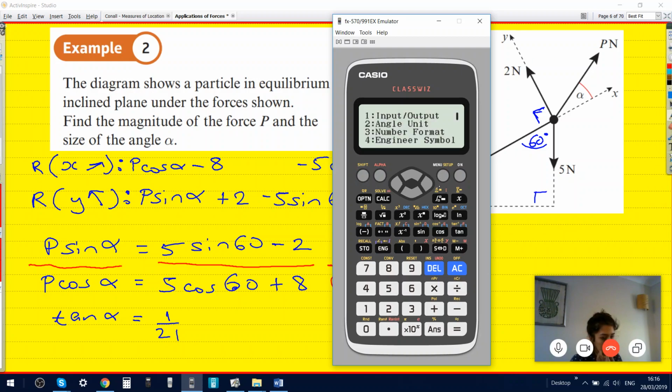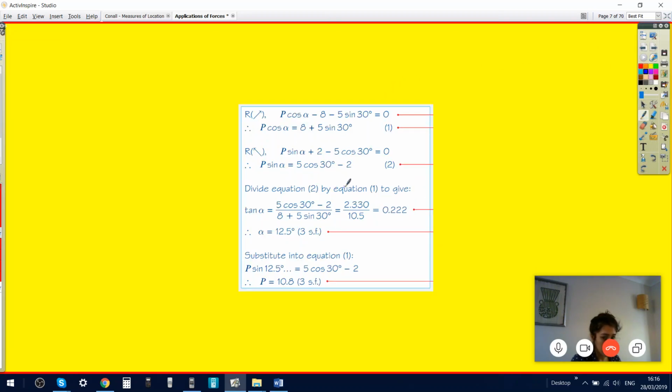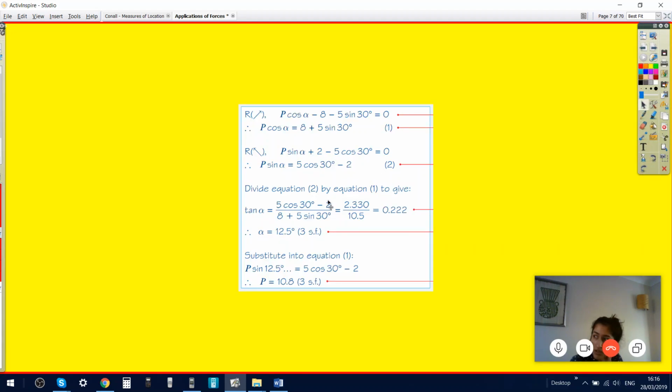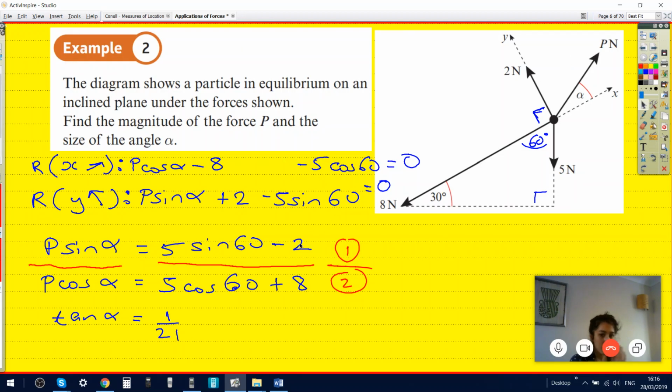Shift number 4. Let's take a look. Divide equation 2 by equation 1, you get 5 cos 30 minus 2, so that's... What did they do? 5 cos 30 minus 2, 5 sine 60 minus 2, same thing. 8 plus 5 sine 30, 8 plus 5 cos 60, same thing.